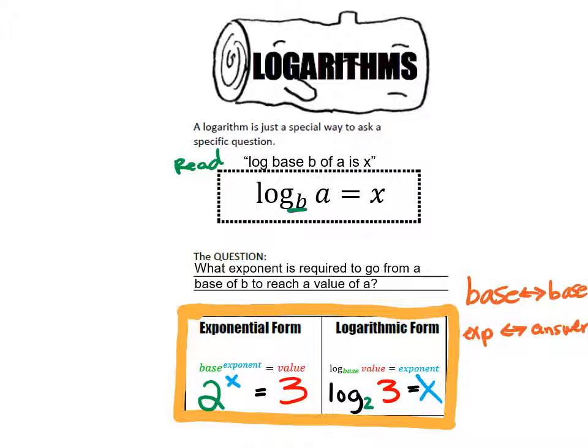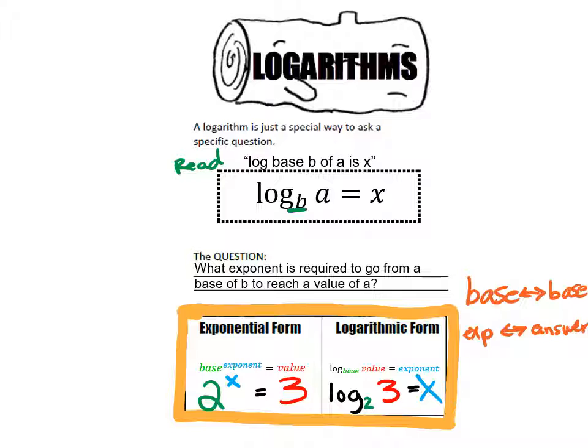So the exponent becomes the answer, or the answer becomes the exponent, back and forth depending on which way you're converting. The value that I have, in this case the 3, sort of falls into place after that. It just makes sense where it should be.